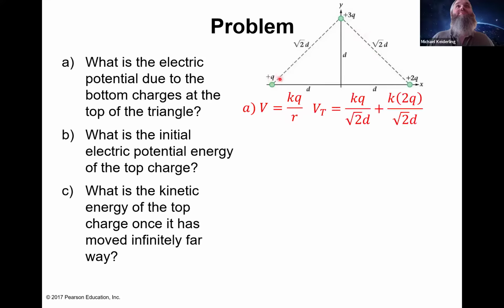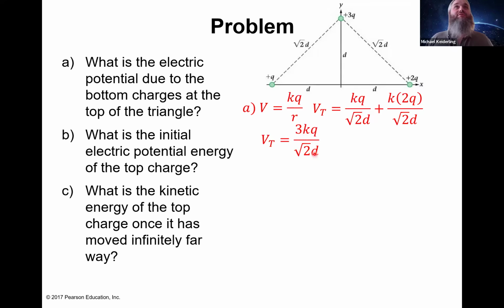So our total electric potential is going to be K times plus Q over the distance here, square root of 2d, plus K times 2Q from this one over square root of 2d. So that's KQ over root 2d plus 2KQ over root 2d.